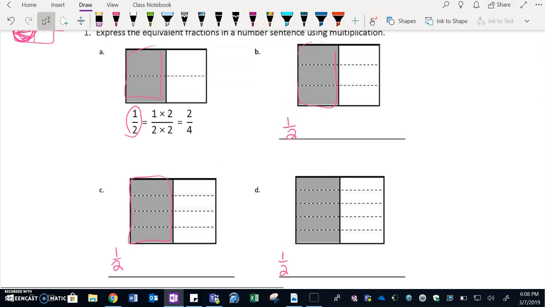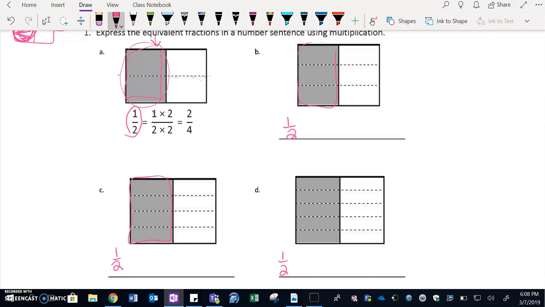Now that we've started the problem, we're going to see what happens. So this half is 1 unit out of the whole thing. So you can see that when they cut the shape, they made this shape into more pieces. So I cut it in half. That means I cut the unit in 2 pieces, but I also cut the whole thing in 2 pieces.